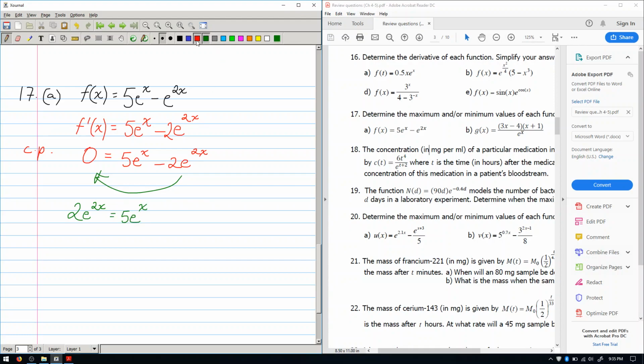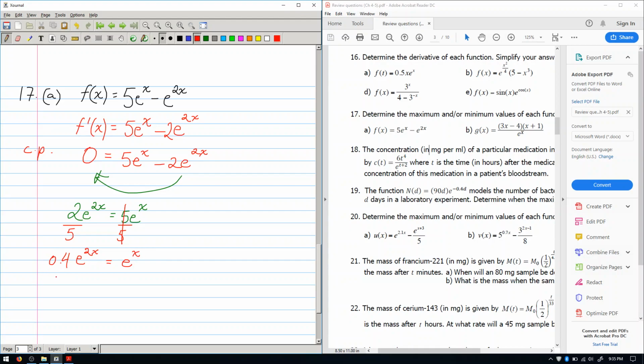And then I can divide one number by the other. So in this case, I could cancel out 5. Really doesn't matter, but yeah. 2 divided by 5 is 0.4. So I get 0.4 e to the 2x equals e to the x.